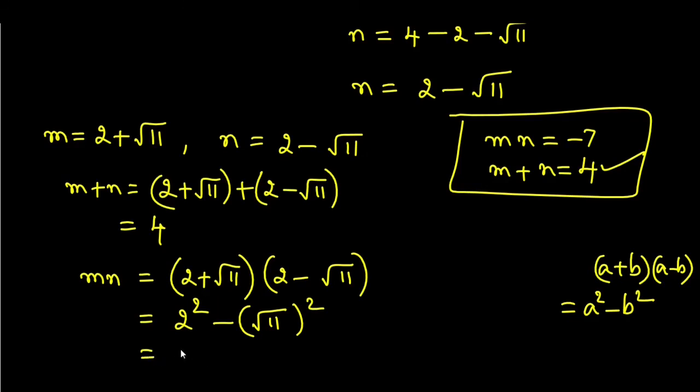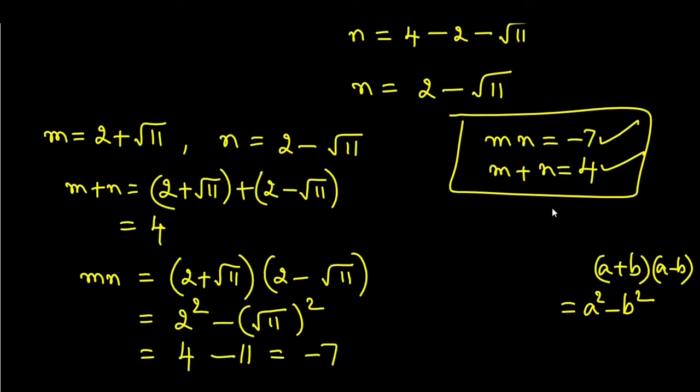This is 2 square is 4 minus root 11 whole square is 11. 4 minus 11 is minus 7. So this condition is also satisfied. So using this algebraic method, we obtained two numbers m and n whose product is minus 7 and whose sum is 4.